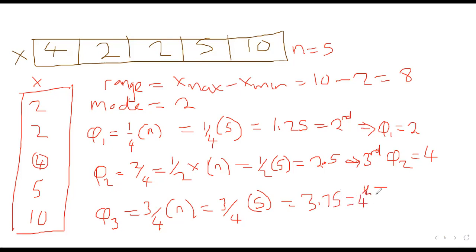And the fourth number in this case, 1, 2, 3, 4, is 5. So these are the quartiles we're looking at. So our lower quartile is 2. Our median is 4. The upper quartile is 5.